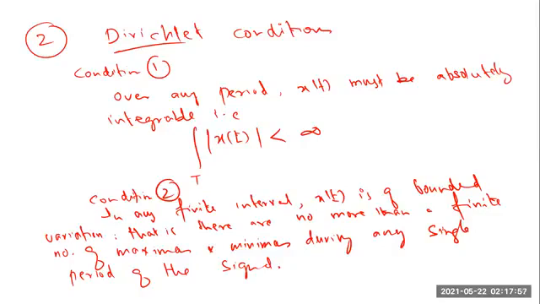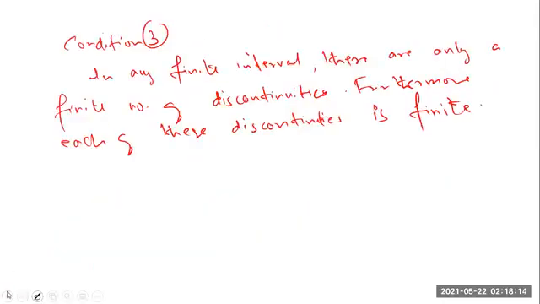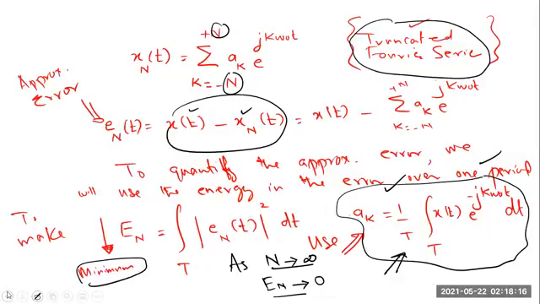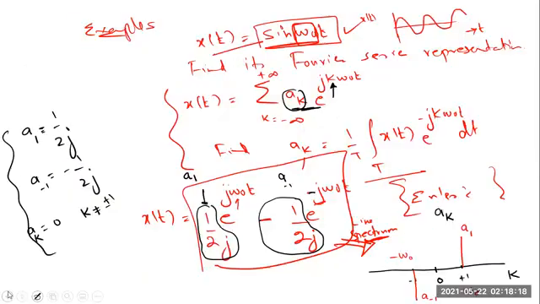Now, which signal will not satisfy this first condition? There is a signal which is periodic, but it is not absolutely integrable. Okay, so let me give you a graphical example of such a signal.